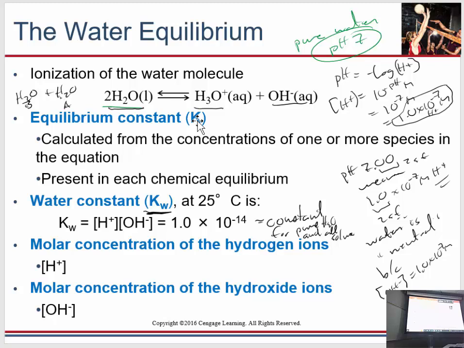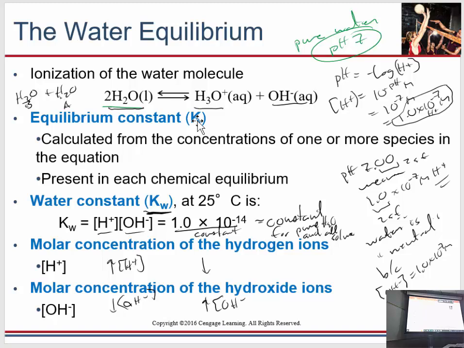In pure water, the hydrogen ion concentration and the hydroxide concentration are equal. However, in acid solutions, the hydrogen ion concentration goes up. If the hydrogen ion concentration goes up, the hydroxide must go down. In base solutions, the hydroxide concentration goes up and the hydrogen ion goes down. So there's a seesaw relationship here. As the H plus goes up, to maintain this constant, the OH minus concentration must go down, and vice versa.